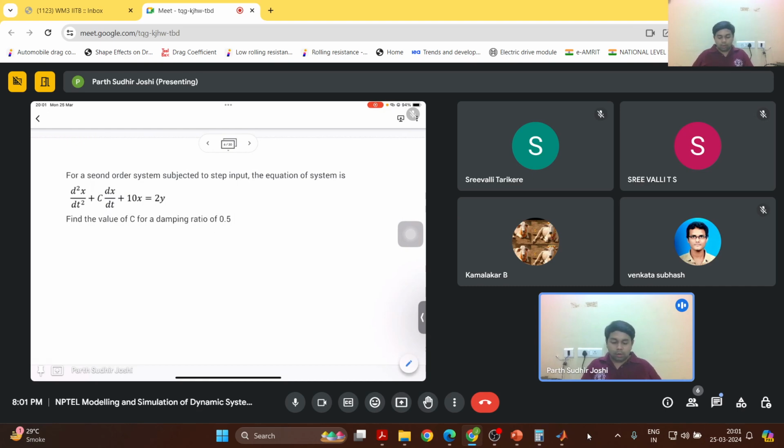For a second order system which is subjected to a step input, we get this kind of an equation.